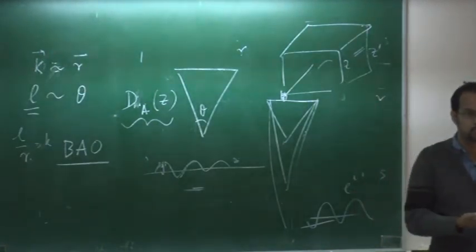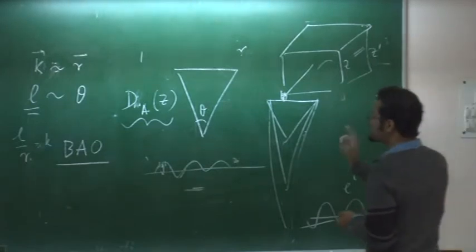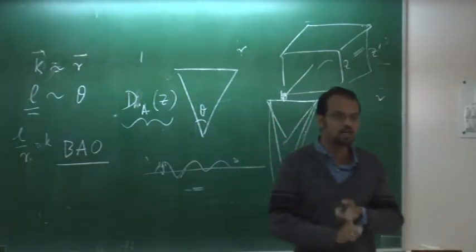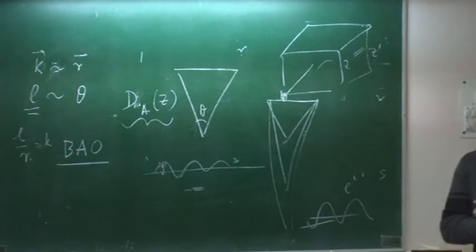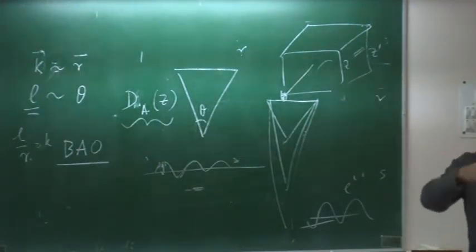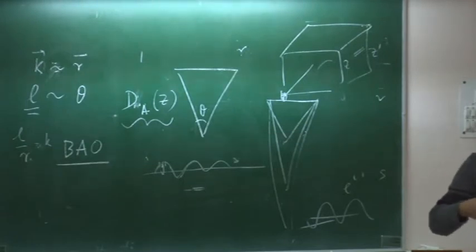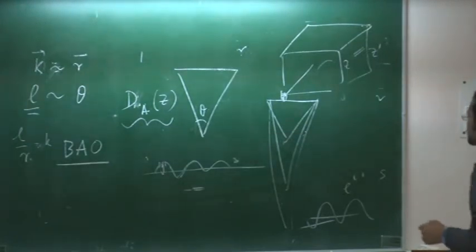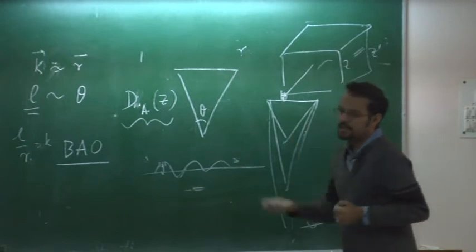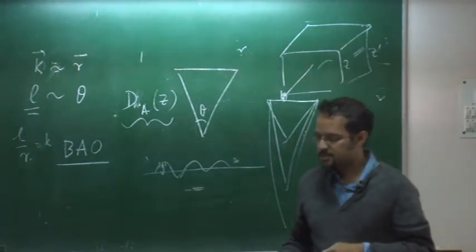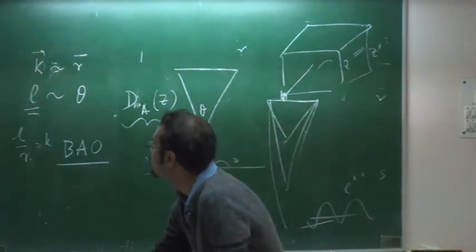So the number of modes at which you can measure the power spectrum is much, much higher. Because see, on a surface you can only have certain Ks, right? But when you have a volume, you have many, many more modes because you have an extra degree of freedom. So the number of modes is much higher, and thereby, there's this plot I made.